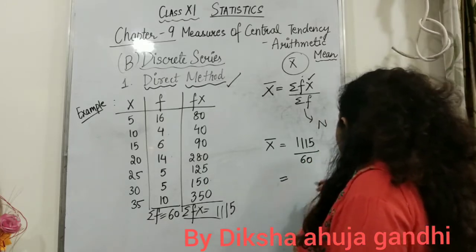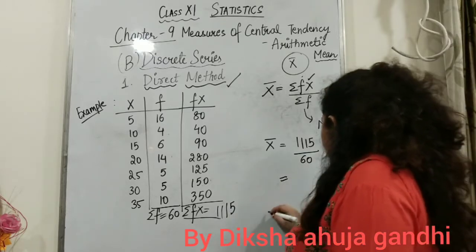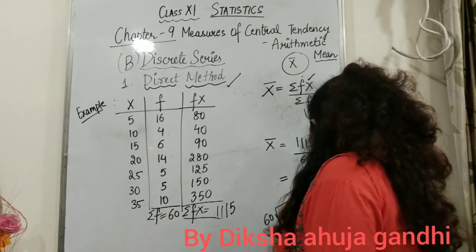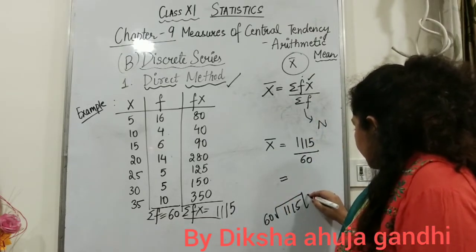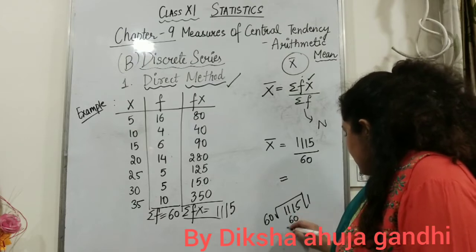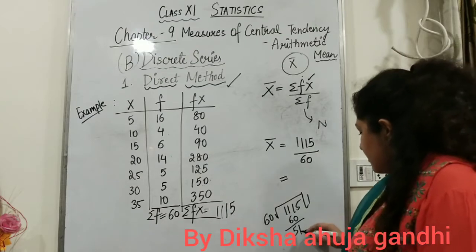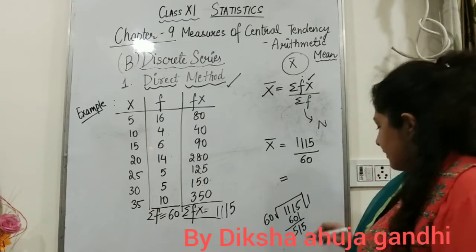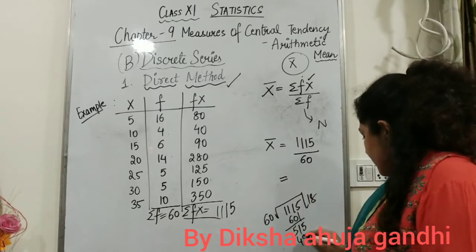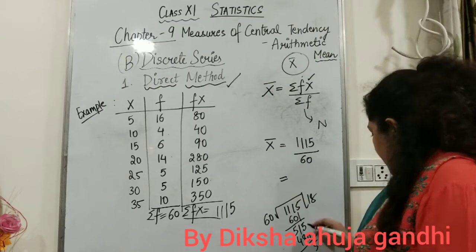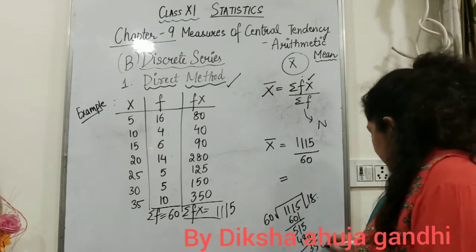When you solve it properly, start with 60 into 1, then 51, then 5 and 5, and so on.